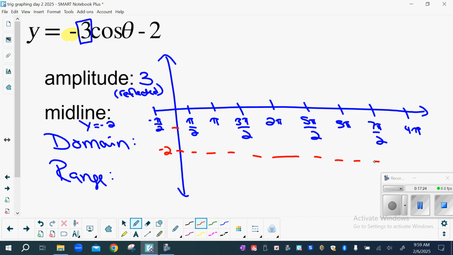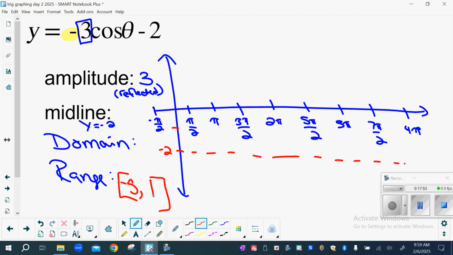Now we're going to be really careful on this one. We're going to think about our range. When I'm calm, I'm getting a nice massage. I'm at -2. The lowest I will go is -2 and -3 more, so all the way down to -5. And the highest I will go is -2 plus 3 more, or +1.